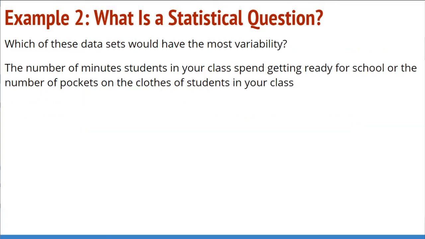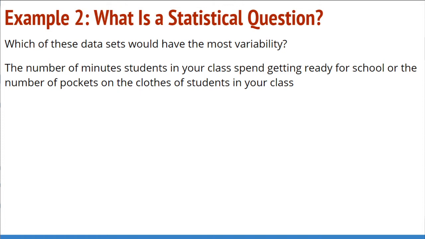Now, something else that we will spend more time later on looking at is how much variability is there? How much variety do we have in our answers? But let's just take a brief moment and kind of prime the pump here, get our brains thinking about this, so this is in the back of our head for later. So we have two questions here, and they are going to generate data, but we are trying to determine which one we would expect the greatest variability, the greatest change, the greatest variety in our answers.